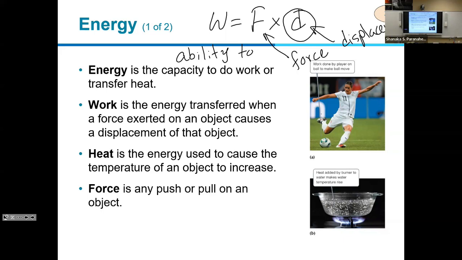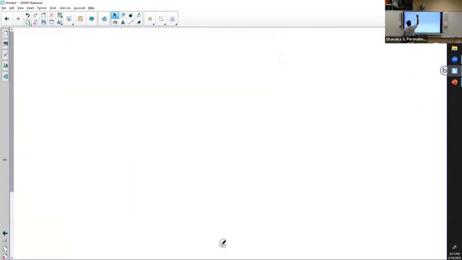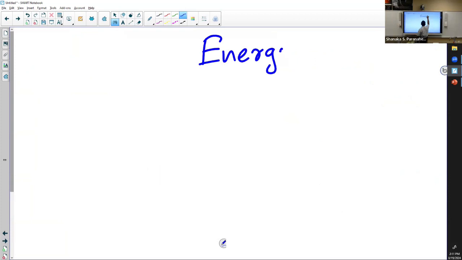Okay, any questions? We are going to talk about two forms of energy, and there will be one question from each in the first exam.